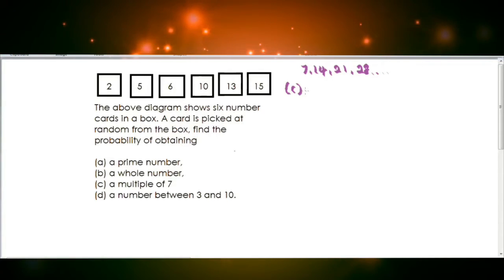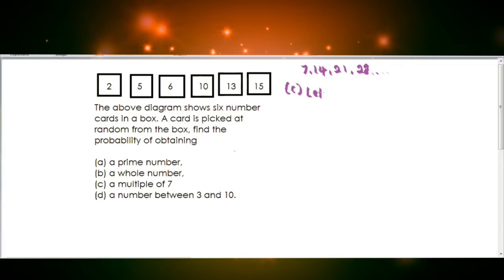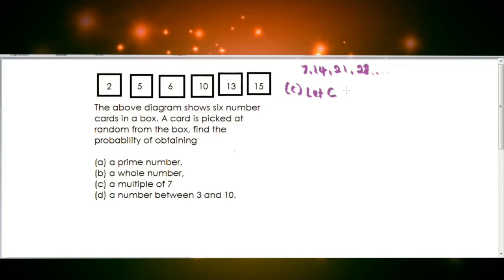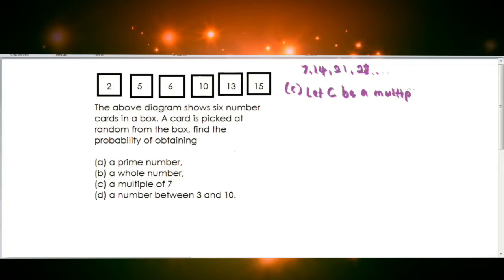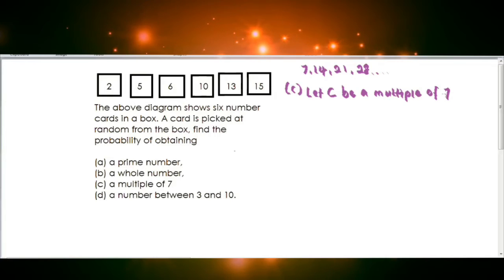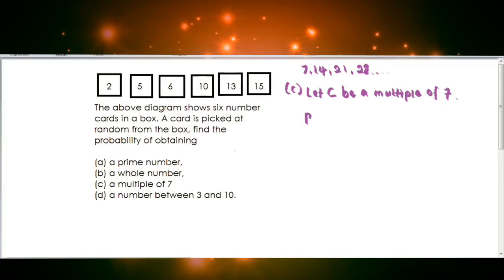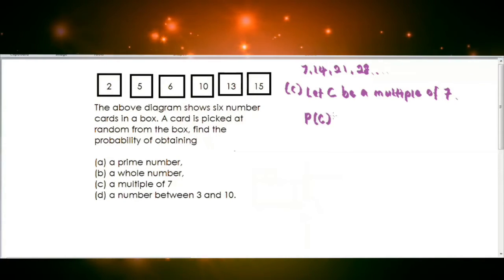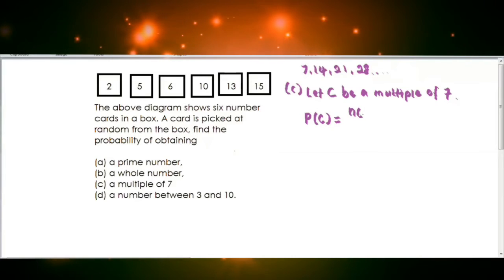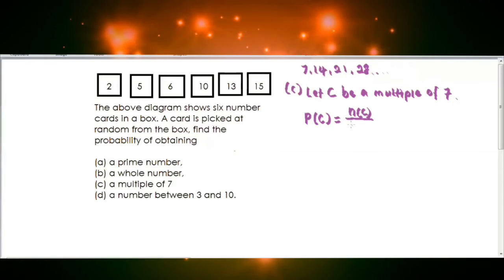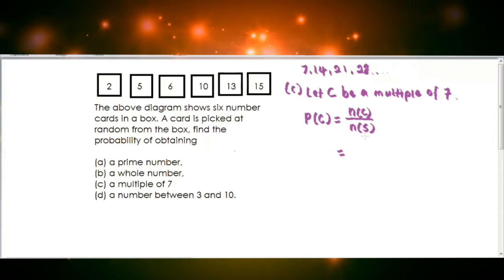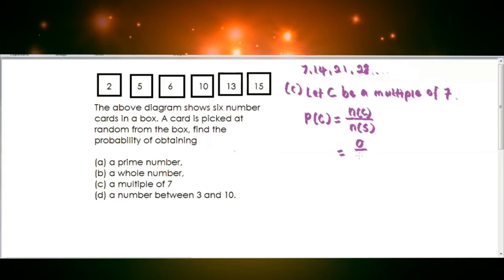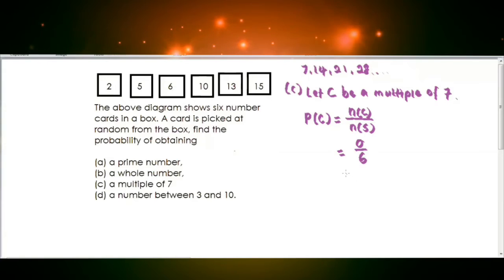So we put the event of multiple of 7, then our formula. The probability to get a multiple of 7 is equal to the number of my events divided by the number of my sample space. The number of multiples of 7 is nothing, divided by the 6 possible outcomes from the box. So I will get 0.